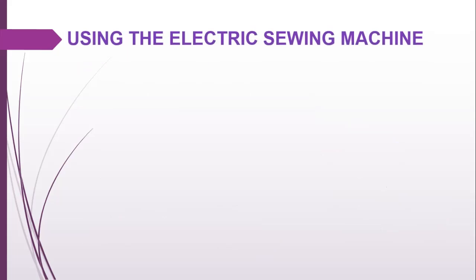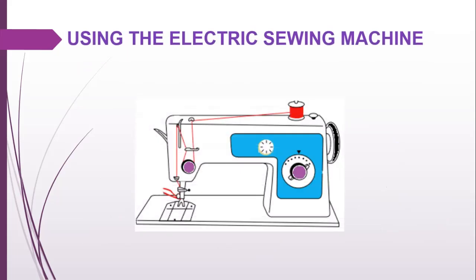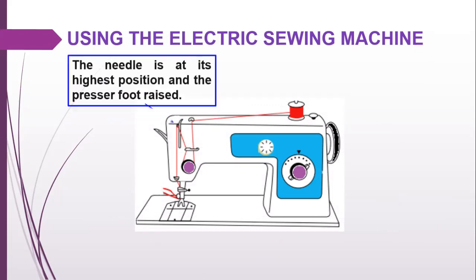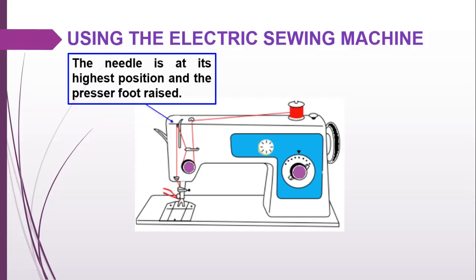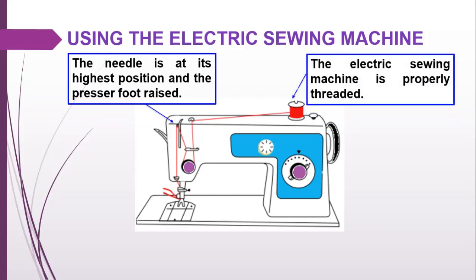Let us see now how to use an electric sewing machine. Before you begin to sew, ensure that, firstly, the needle is at its highest position and the presser foot is raised. The electric sewing machine is properly threaded.